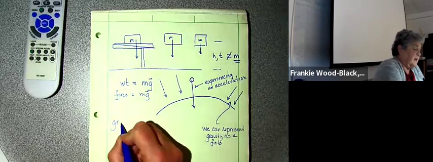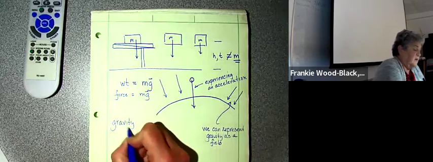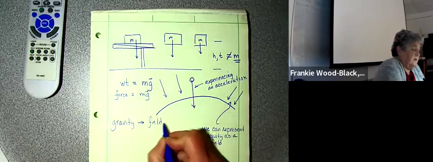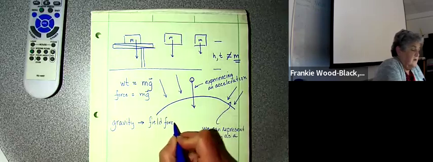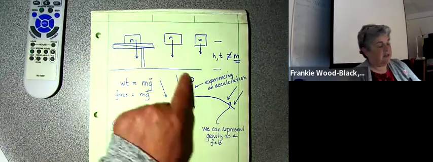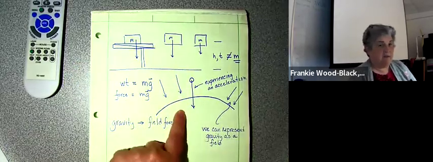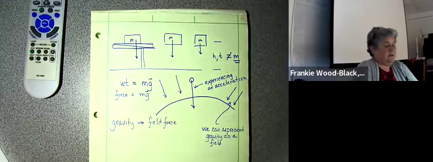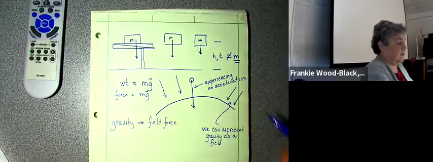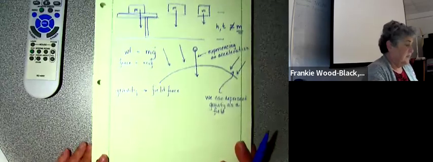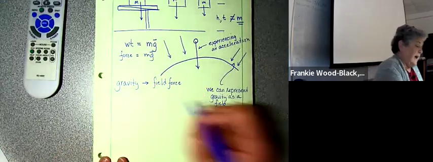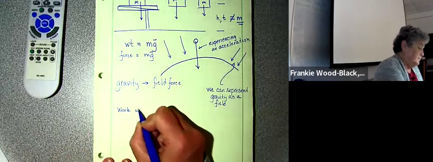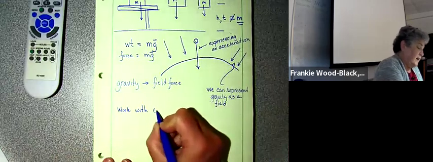So gravity is something that gives us a field force. It doesn't really have a string pulling on it. It doesn't really have anything else there, but it is absolutely a force that we have to deal with. And so we have field forces. But for right now, we're going to work with our contact forces.